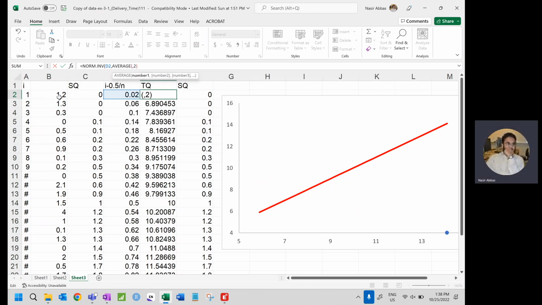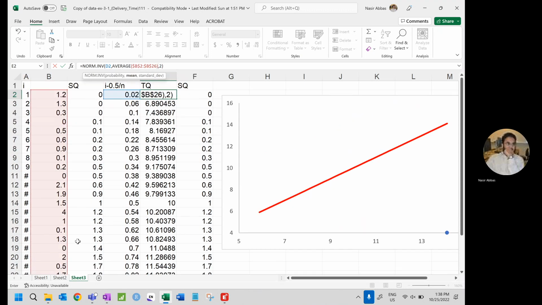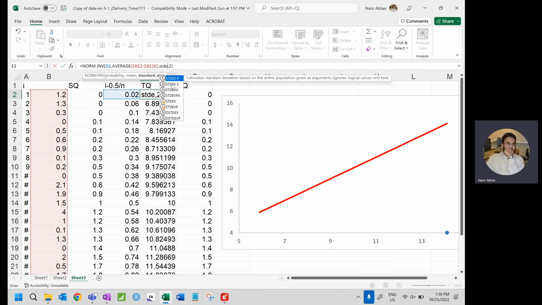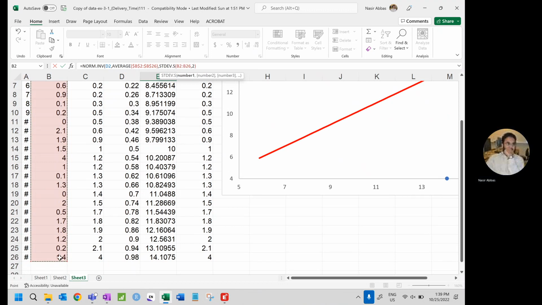And I use the average of my sample, and I use standard deviation also from the sample to compare it with the theoretical values.